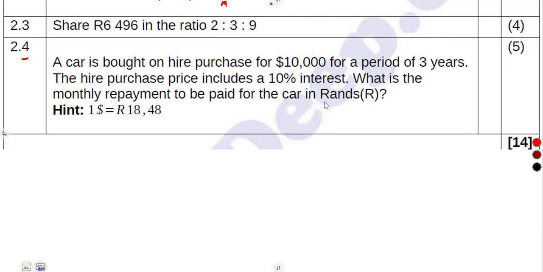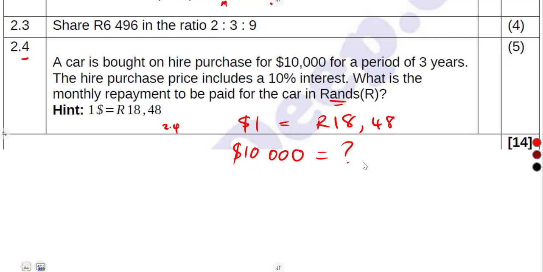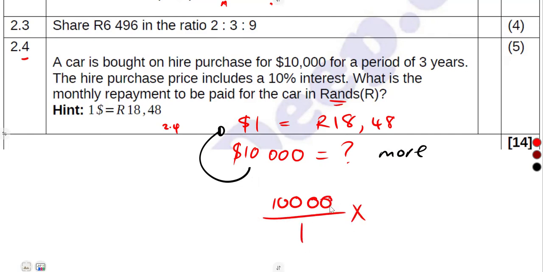All right. So the first thing you can convert because it is needed in rands. A dollar is equivalent to 18 rand 48. So what about $10,000? This is going to be more. So it's bigger value over smaller value times that amount. So it's going to be 10,000 over 1 times 18.48.